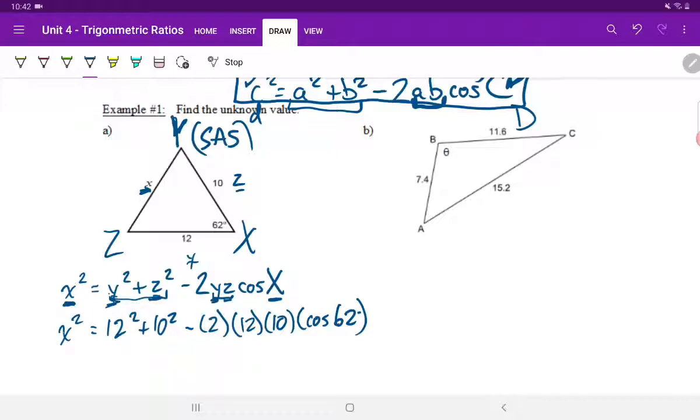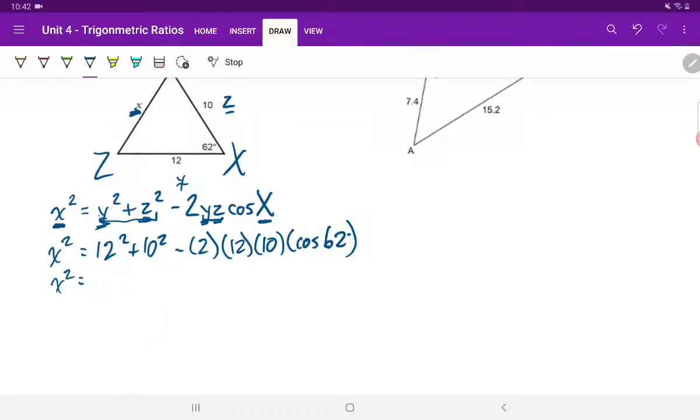So it's all multiplication. So what we're going to do then is, well, I can figure out 12 squared plus 10 squared. That's simple enough. Okay, so 12 squared is 144 plus 10 squared is 100. So I have 244.